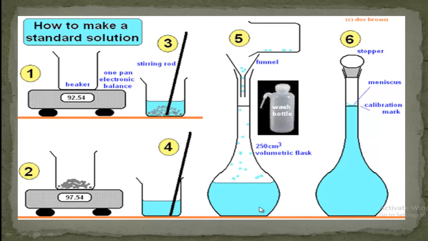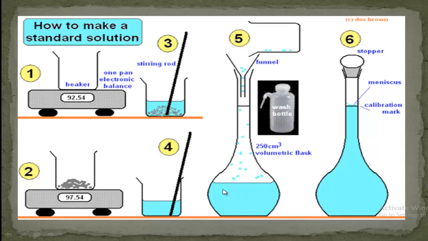This is a volumetric flask of 250 centimeter cube, that means 250 milliliter. So now at first we will pour the solution into the volumetric flask.